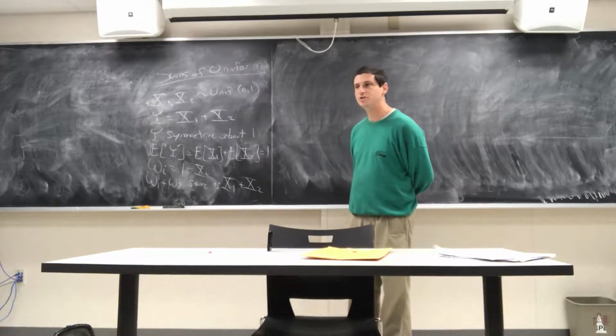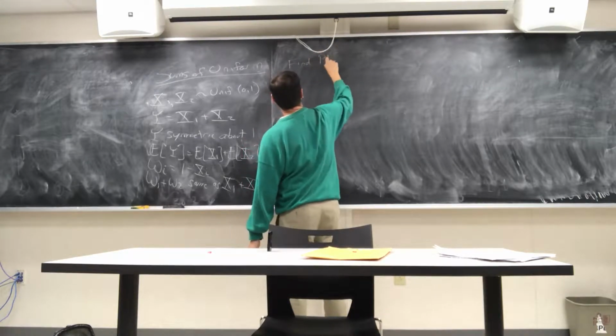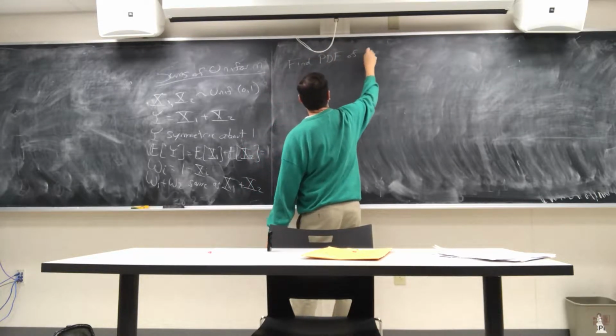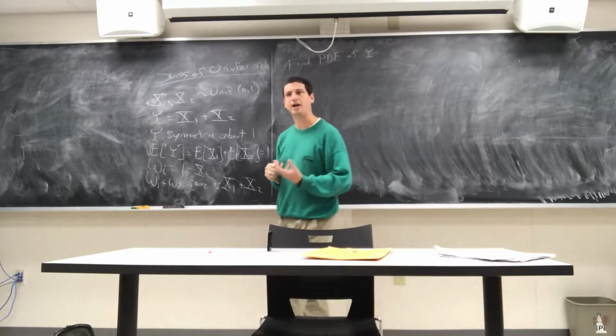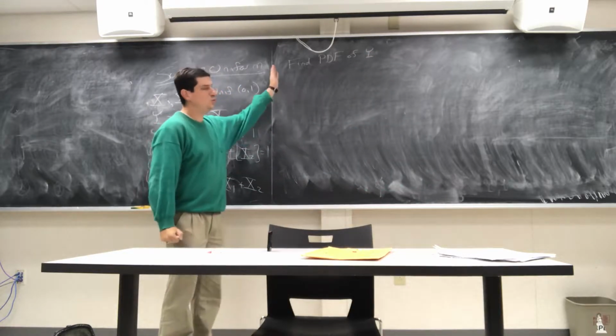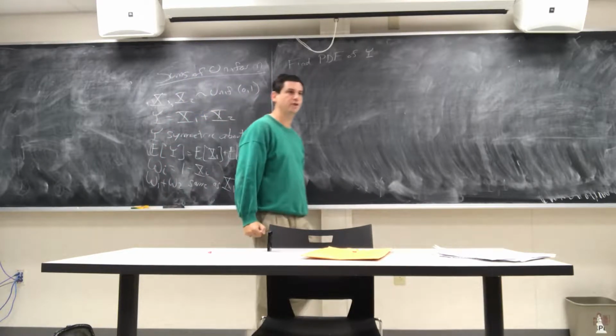Okay, so let's do the calculation. We want to find the PDF of y. For the most part, I will just concentrate on calculating the PDF of y for values between 0 and 1, because by symmetry, I know what's going on for the rest.